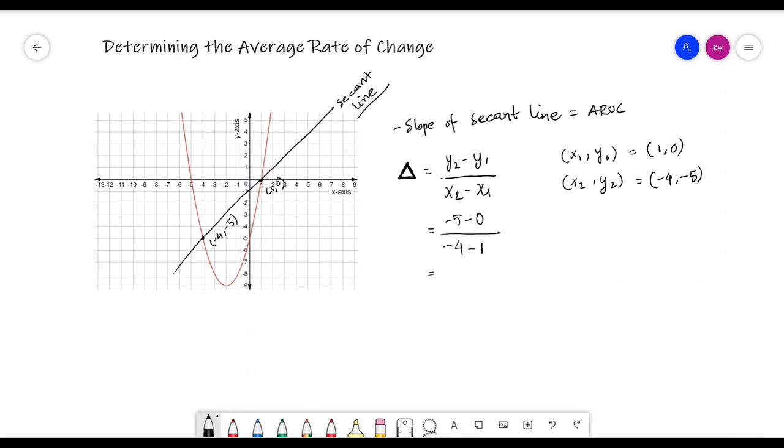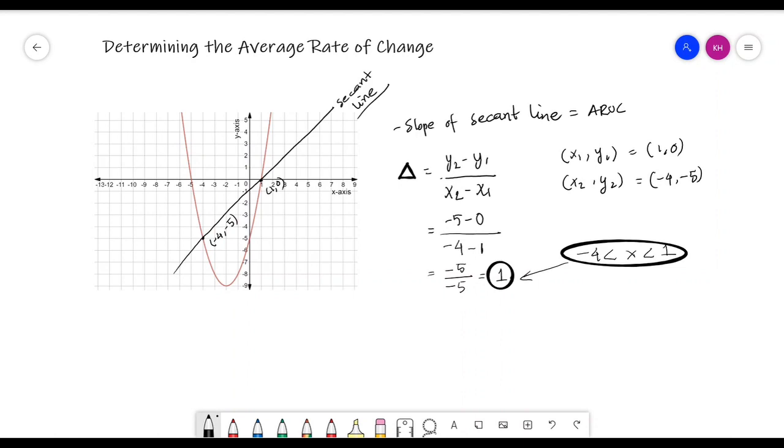So I end up getting -5 over -5, and that is going to give me a +1. So we can say that the rate of change in the interval x from -4 to +1 is going to be +1.